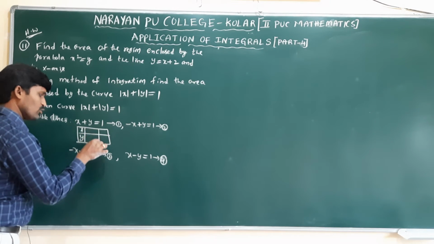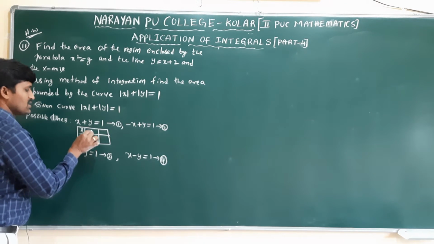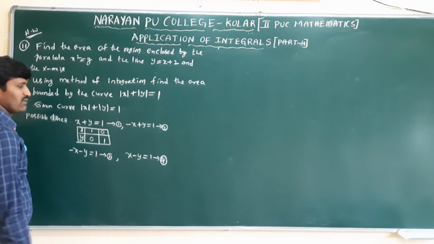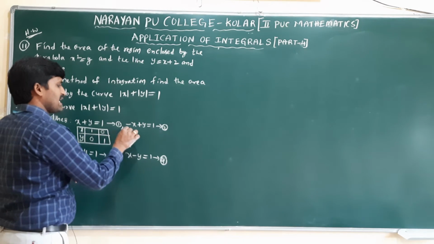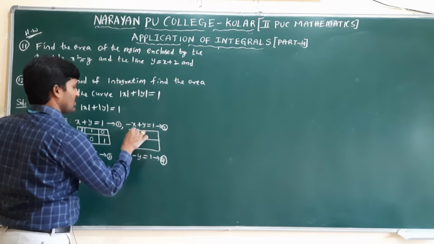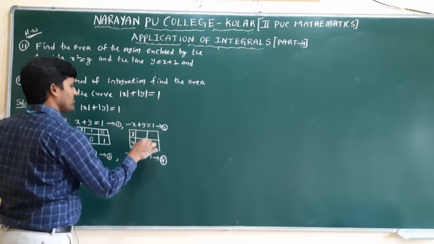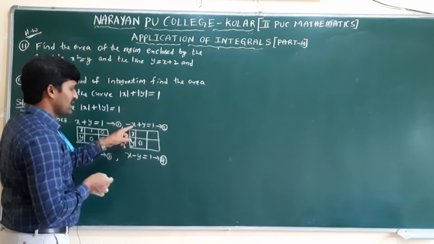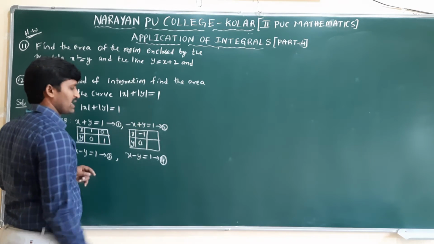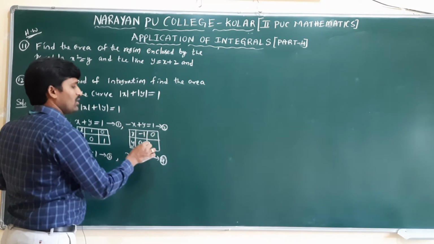To draw a line we need 2 points, that's why I am taking y value 0, x value 1, and x value 0, y value 1. Similarly, in the second case, minus x plus y equal to 1: x value minus 1, and x value 0, y value 1.